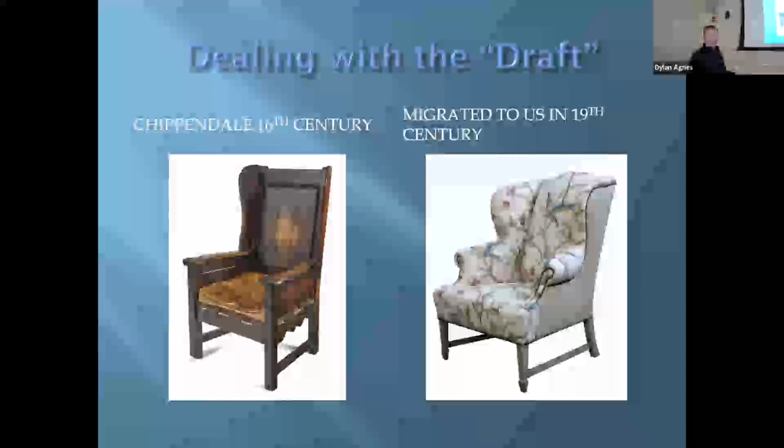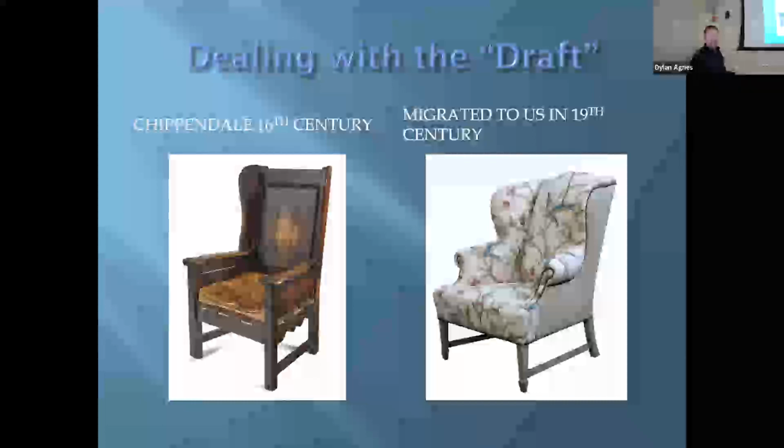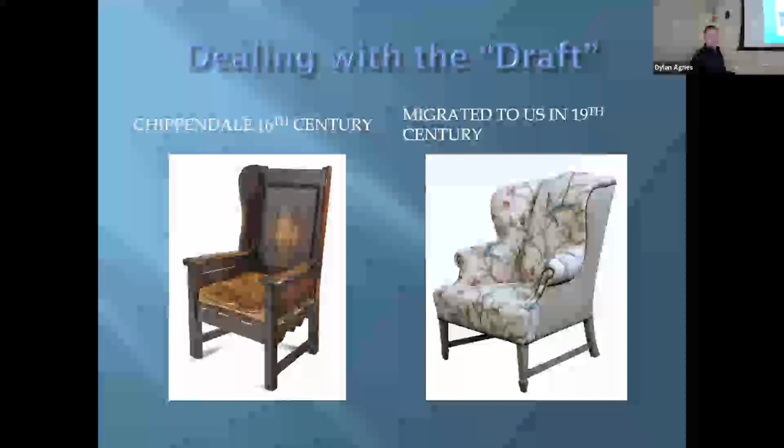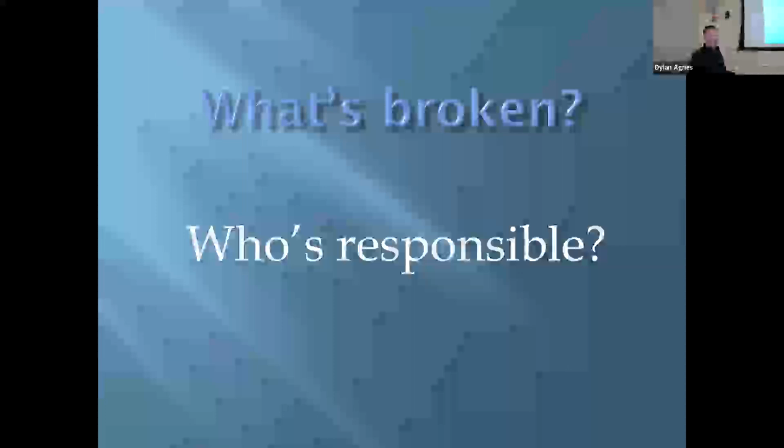But it kind of points out that we understood from the very beginning that there were issues with the draft part of it. So when I'm doing these presentations, the question that I get asked a lot, especially from industry, is, well, what's broken? What is it that we're trying to fix?